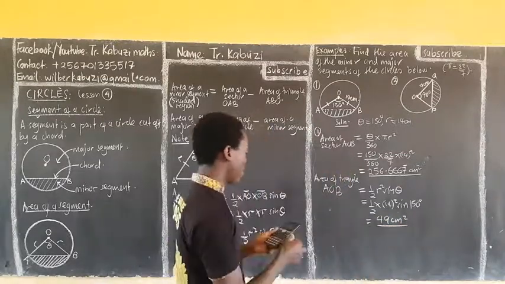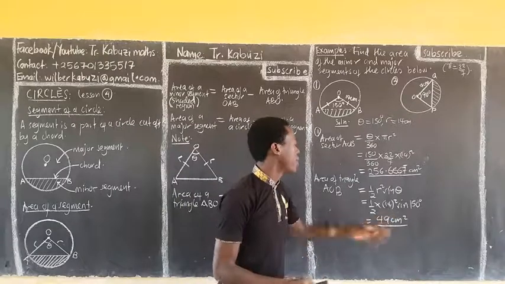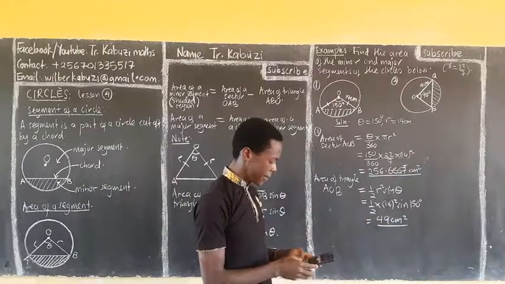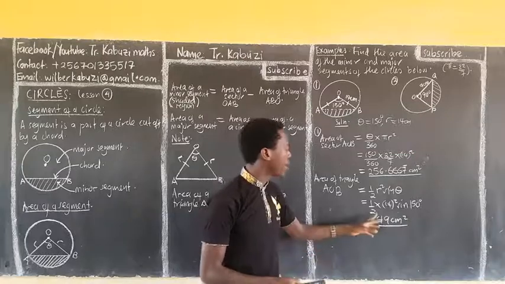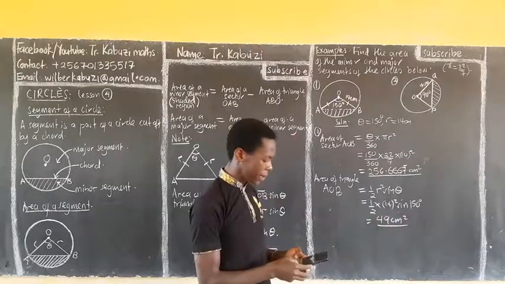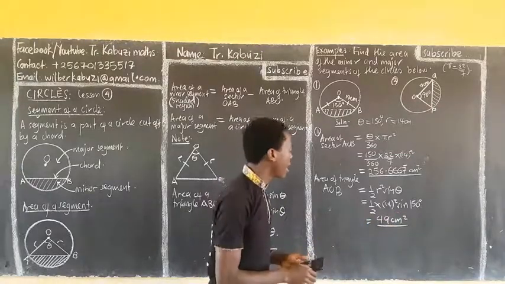All you are going to do is say this is going to be 14 squared, then you divide it by 4, since this is a half and this is a half. And that's the answer you get.